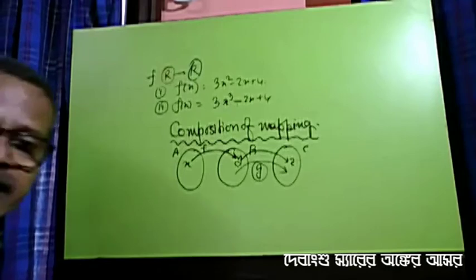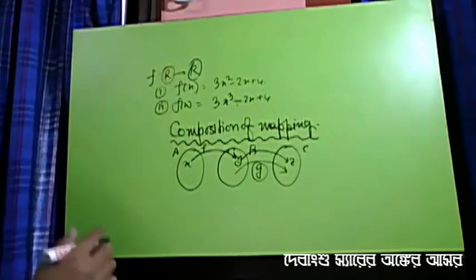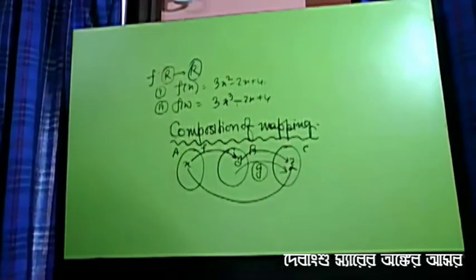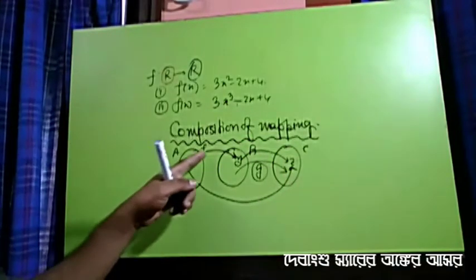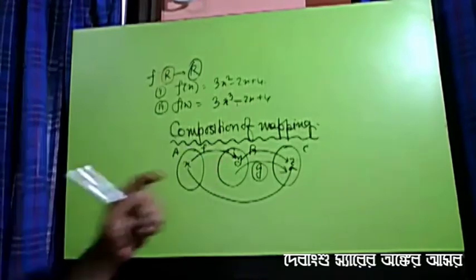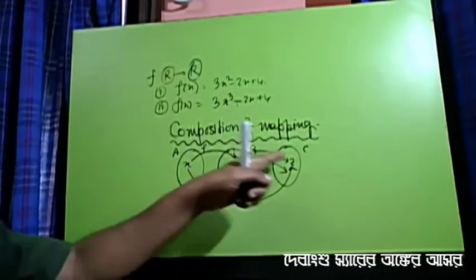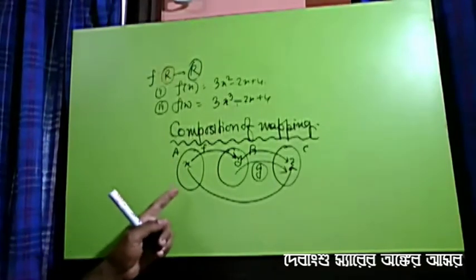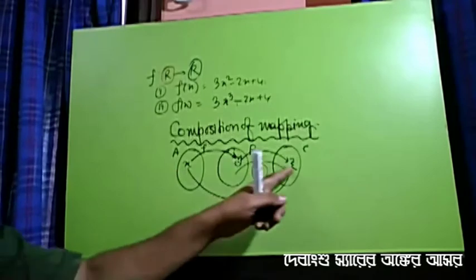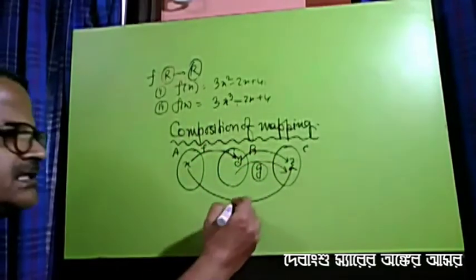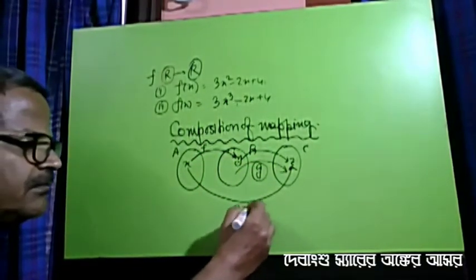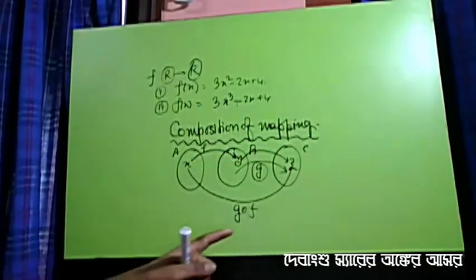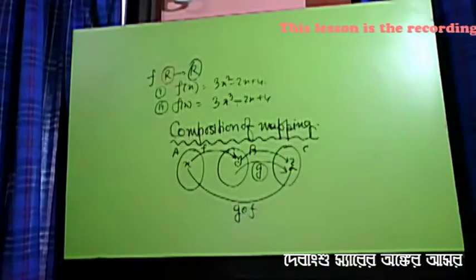So we can assume, imagine a mapping which maps X directly to Z. F maps X to Y, G maps Y to Z. So we can assume the existence of a mapping which maps X to Z directly, and this mapping is called G composite F. Look at that: first F, then G. In the case of composition, the last one is written first.